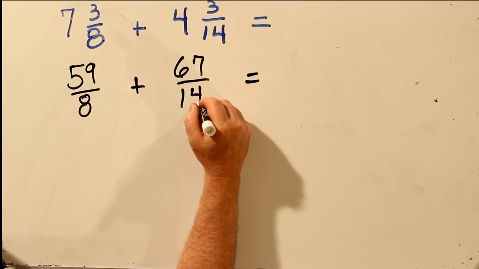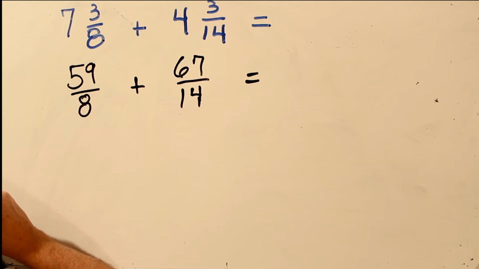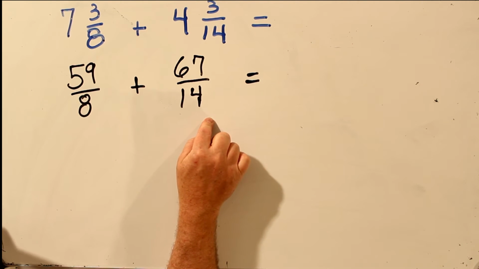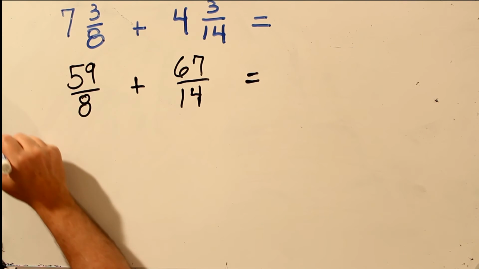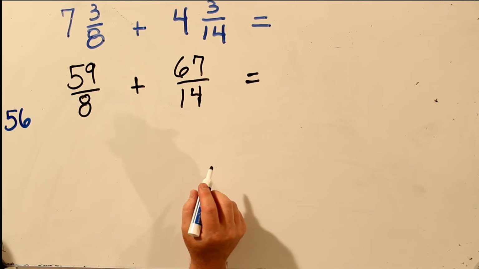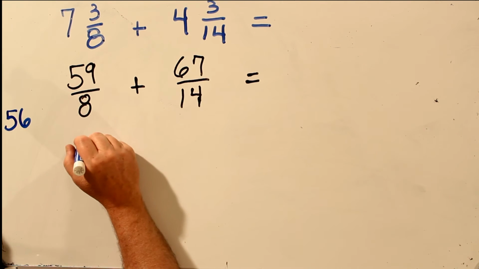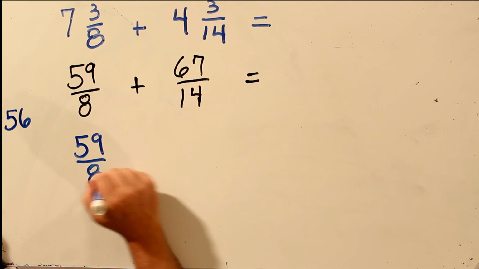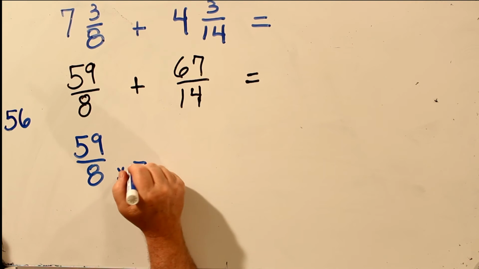Now we still can't add these fractions because the bottom numbers aren't the same. So we have to find the lowest common multiple of 8 and 14. I'm going to tell you the lowest common multiple is 56. So to make the bottom number 56 on this one, we have to multiply 8 by 7.